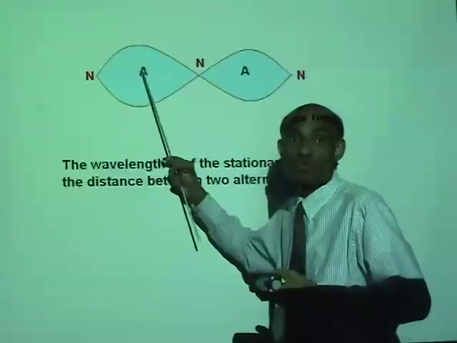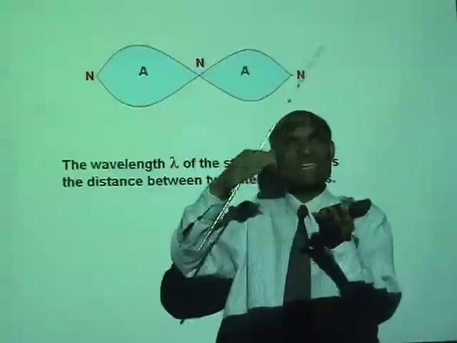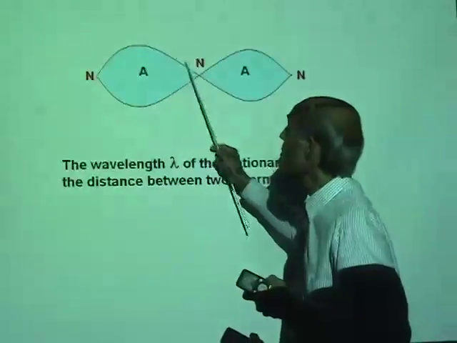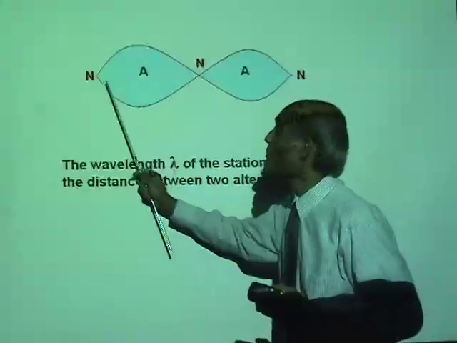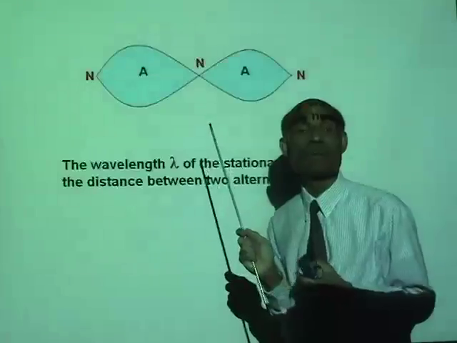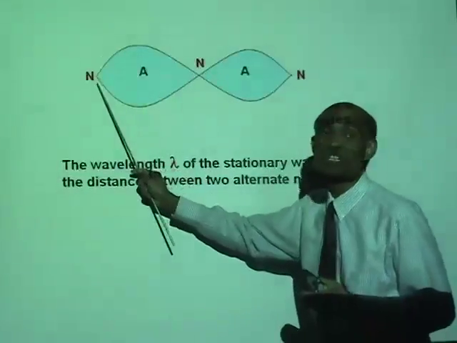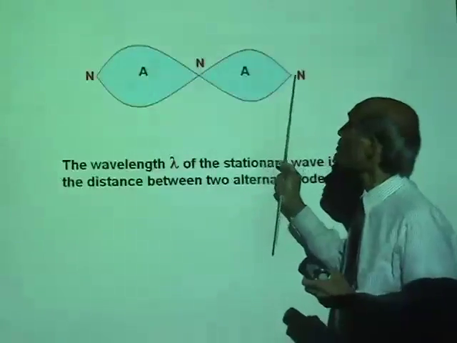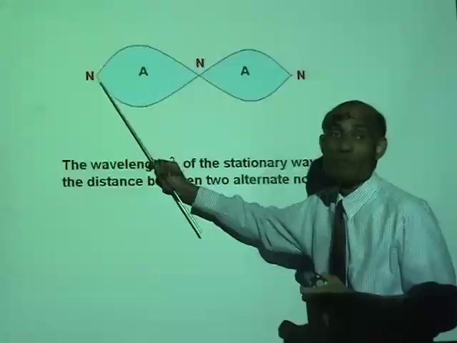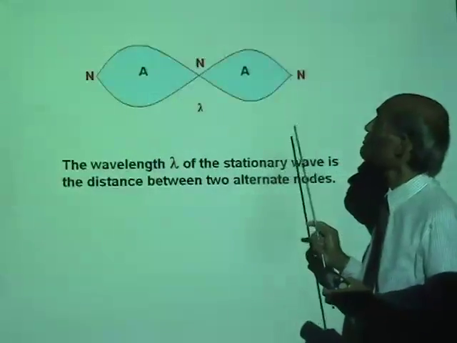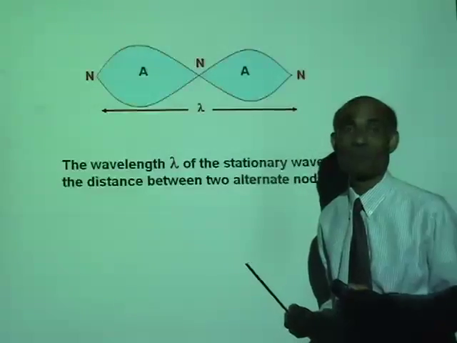The distance between two consecutive nodes can be considered to be a segment. So how many segments are here now? 2 segments. Now the wavelength of a stationary wave is the length of 2 segments. The distance between 2 alternate nodes, not the distance between 2 nearest nodes, is the wavelength of a stationary wave.